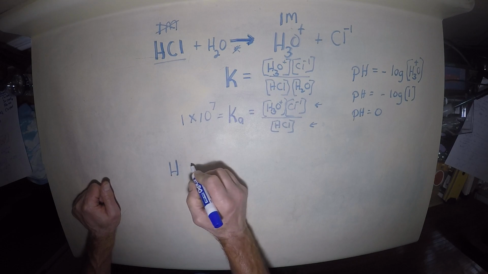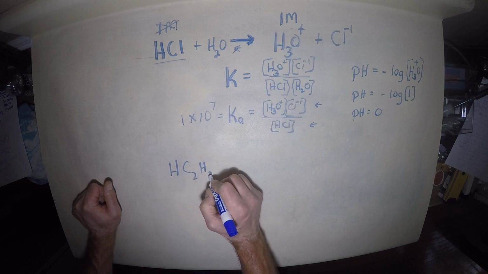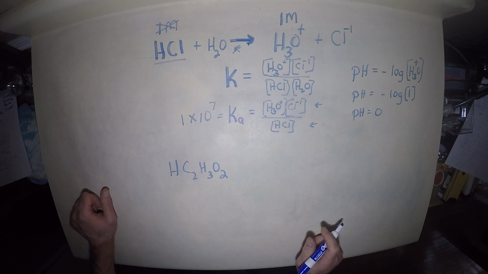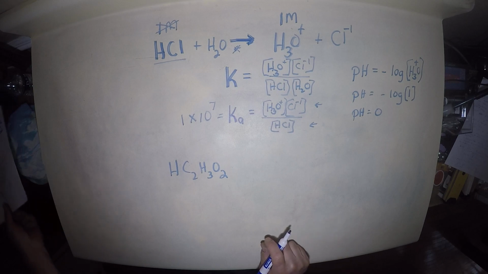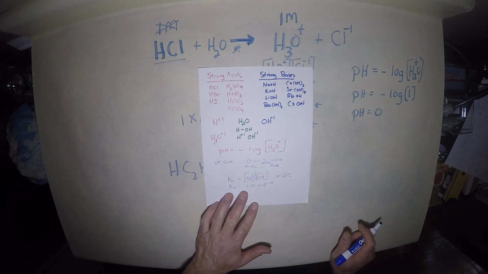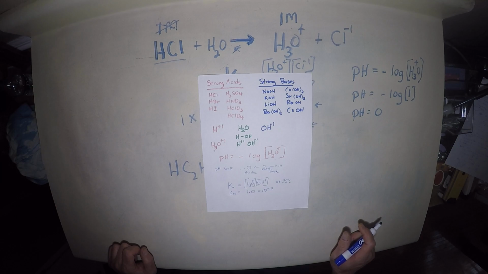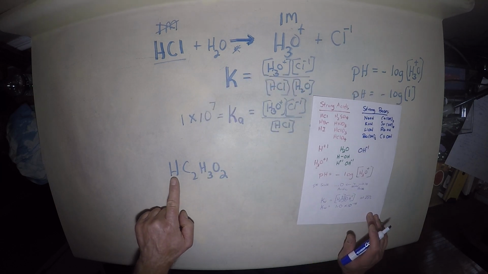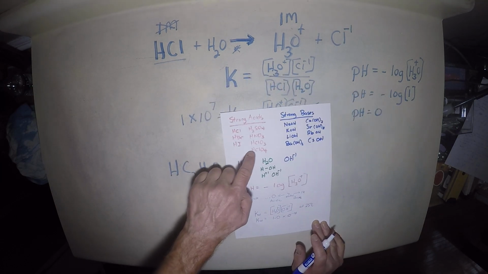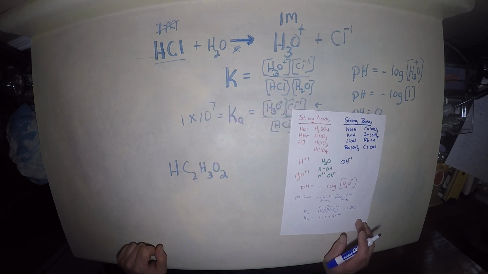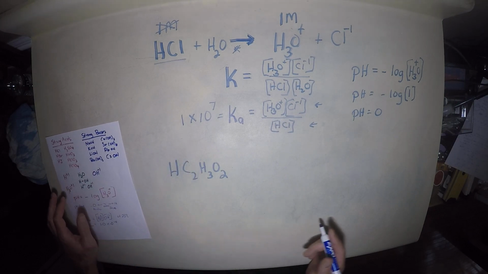Now what's going to happen if we take something like acetic acid, which is not a strong acid? And again, you're going to know that because you're going to memorize your strong acids. And if it's an acid because it has an H, but it's not one of those acids, then it's not a strong acid and it therefore must be a weak acid.